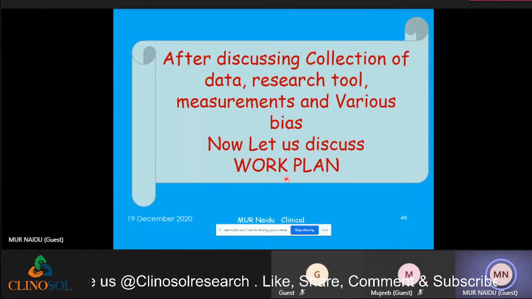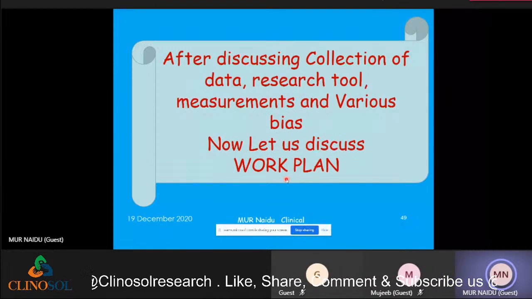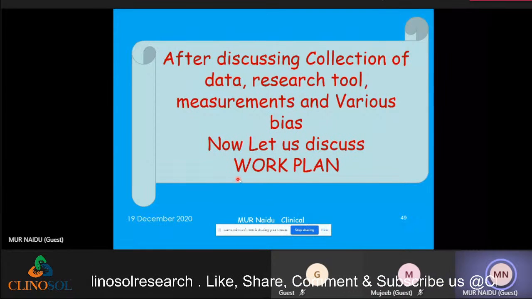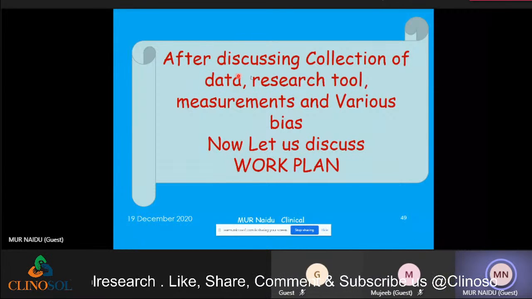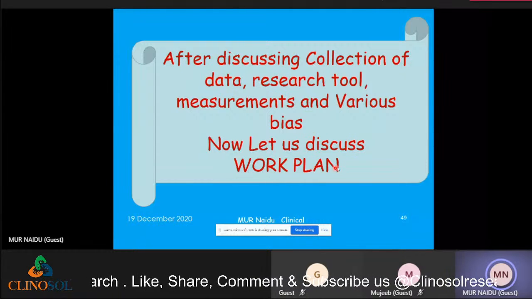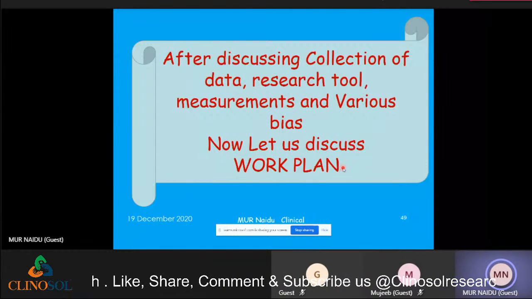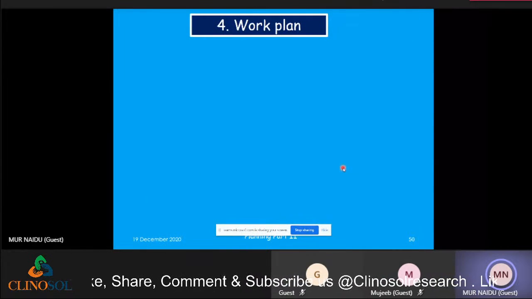Now we have covered data collection, research tools, measurement, and various biases, and now we will go to the last part. We have already seen data, research, measurement, bias. We will now go to the final part of my presentation, that is the work plan. It is very important.